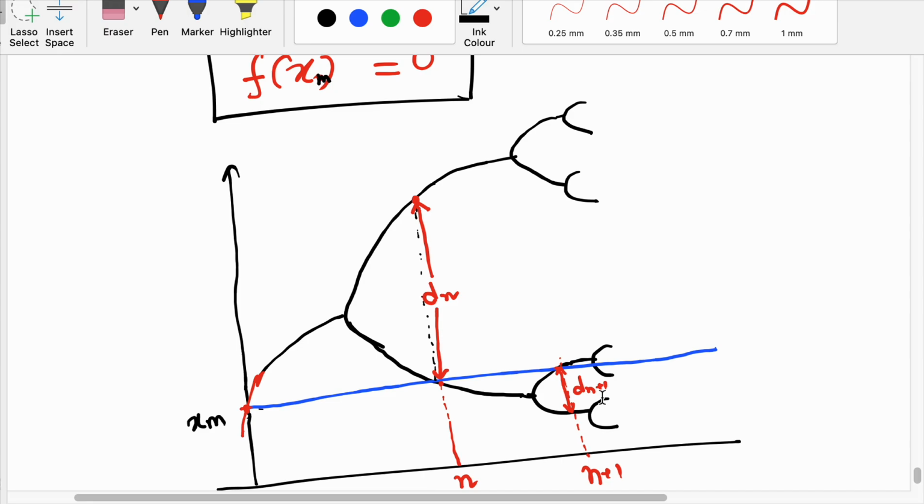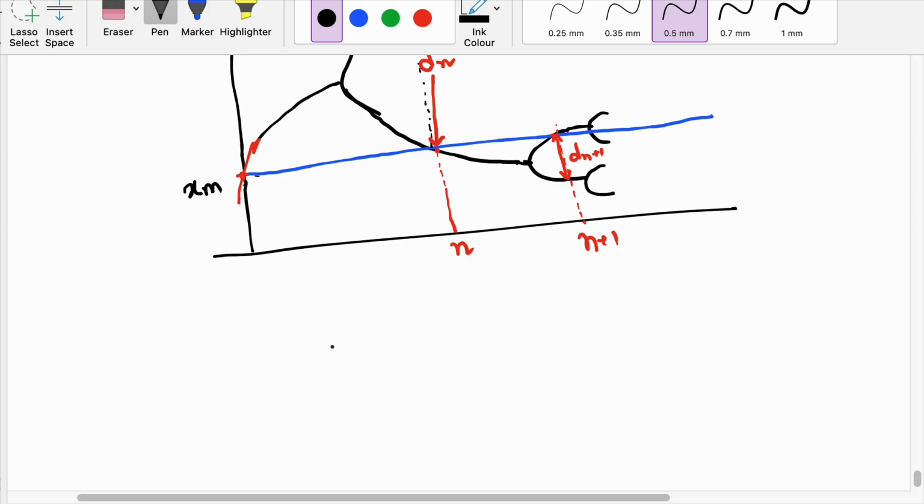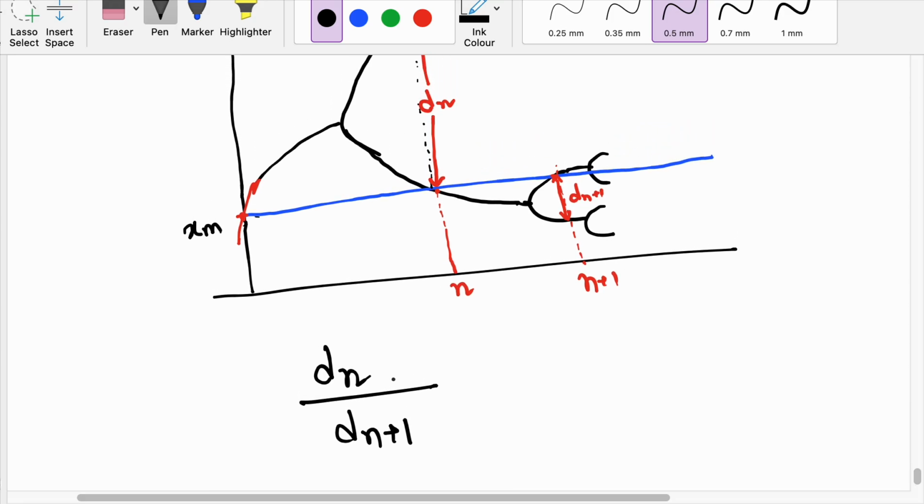Now Feigenbaum also found that this decrease is not random, but if you take d_n divided by d_(n+1), this distance is also decreasing geometrically.